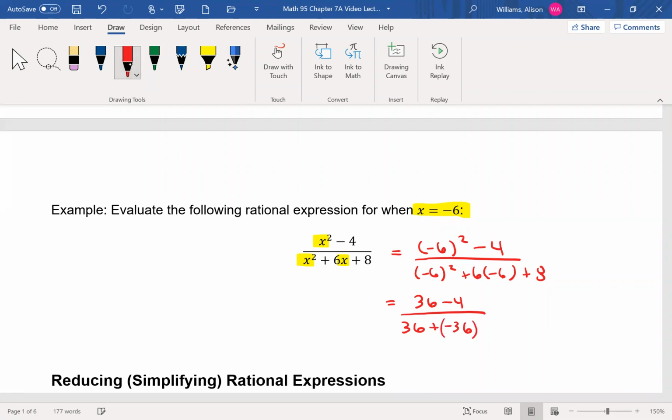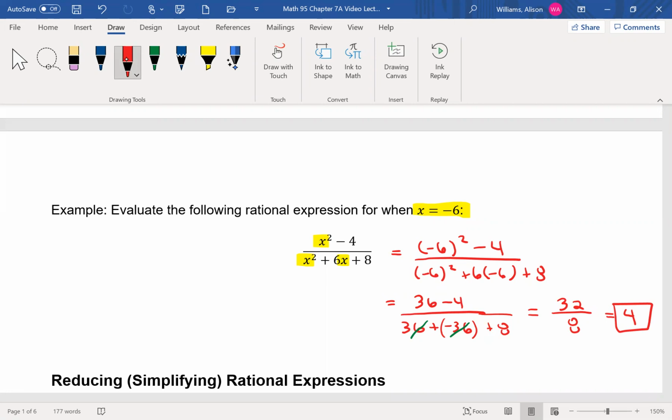And they usually put parentheses around that since it's negative, plus 8. Okay, so these two terms actually cancel each other out, right? They add up to 0. And in the numerator, 36 minus 4 is 32. Divided by 8 is 4. So that would be the answer. Plugging in -6 is going to give me 4. That's what evaluating a rational expression is.